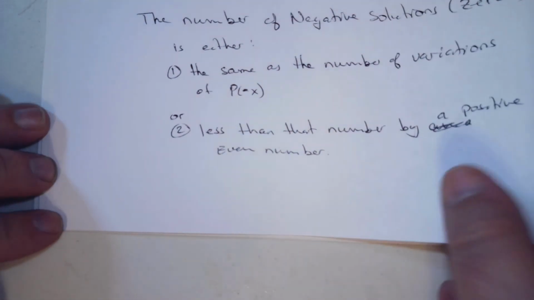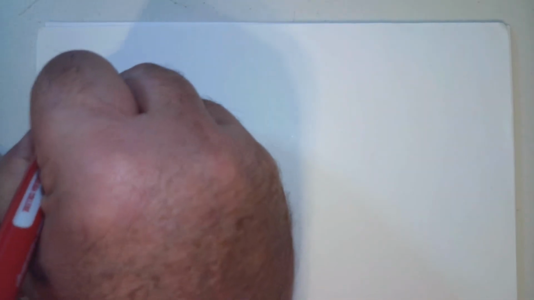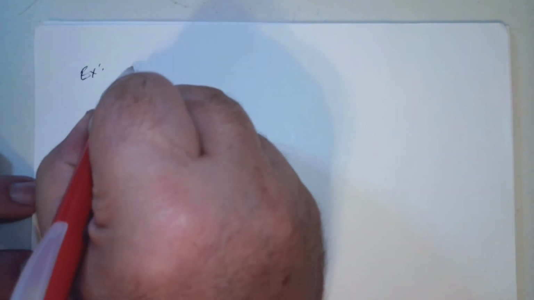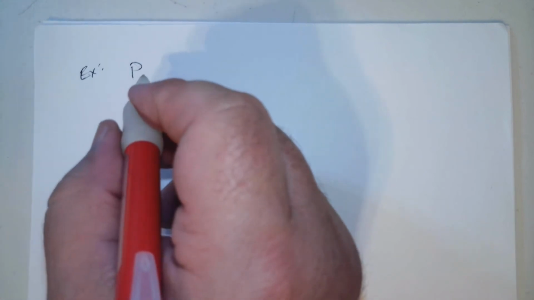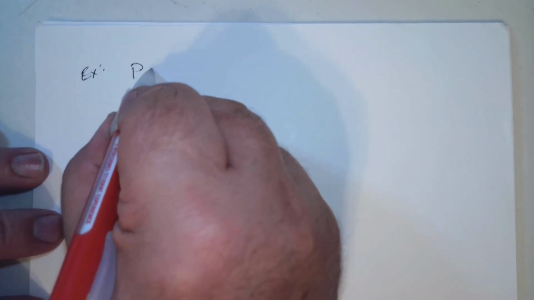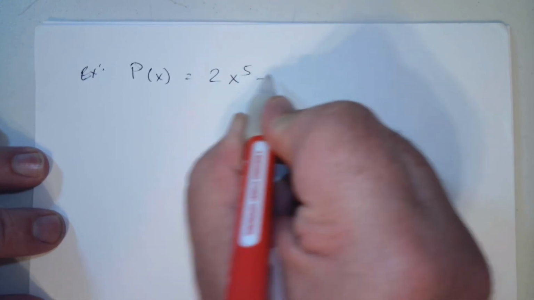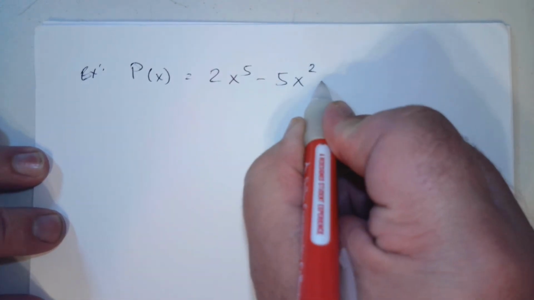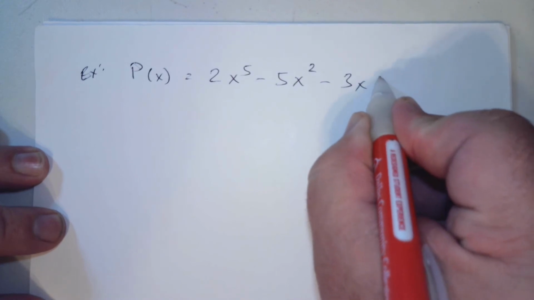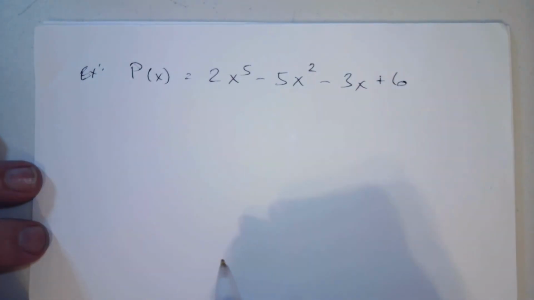Let's look at some examples. So again, what the Descartes rule of signs does, it tells us how many positives or negatives, which further narrows down our number of possibilities of answers we can have. Two x to the 5th minus 5x squared minus 3x plus 6.